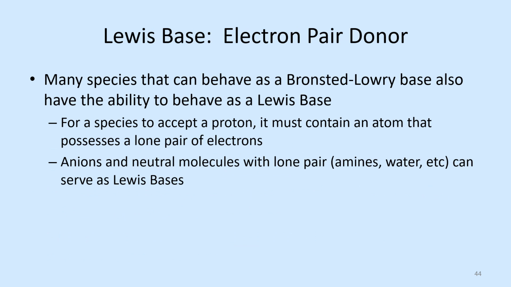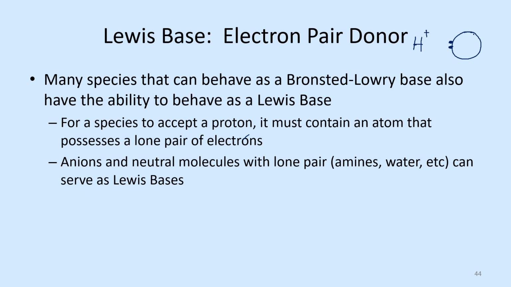Lots of things that behave as Bronsted-Lowry bases will also act like Lewis bases. If something is going to accept a proton, you can think of it another way. Here's the molecule, and here's an electron pair, and then you've got a hydrogen over here.